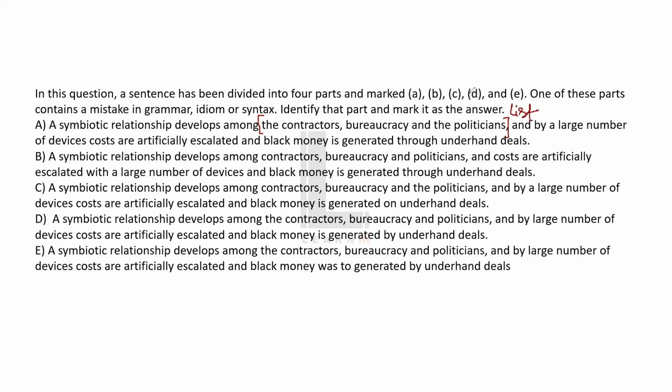What is a list? Anyone would like to talk about it here? What do you think is a list? It might be an example. It might be something being done, 2, 3 things together, right? So it is a list.